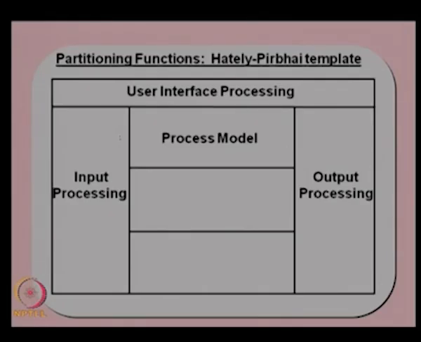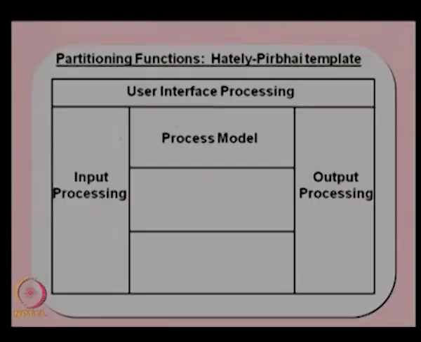If you want to define or decompose a function, this will be the process model here. That is the function to be provided over here, and in order to provide this function, we need the user interface processing, the input processing, and the output processing also. And apart from this, we need some other functions, basically a control model.